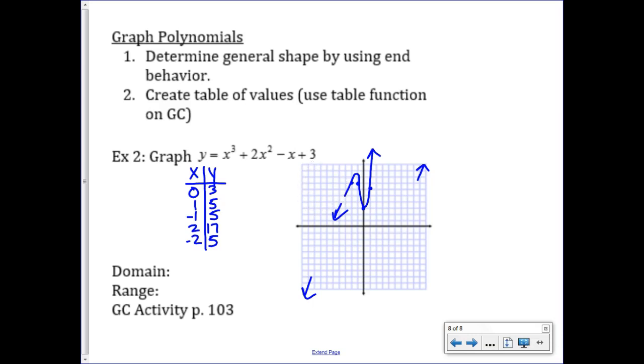What I notice is that it's going forever in the x direction and it's going forever in the y direction. So my domain is from negative infinity to positive infinity, and my range is also from negative infinity to positive infinity. There's no restrictions on your domain with that cubic function.